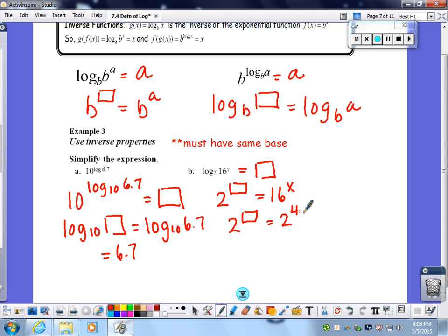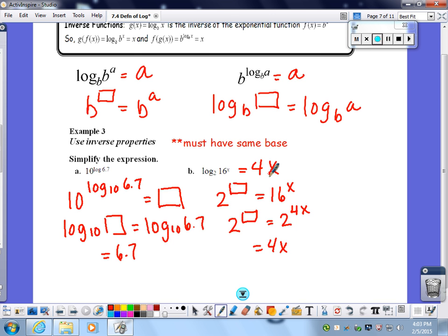Well, 2 to the 4th power, and I already have that x. So this expression simplifies to 4x. So my answer here is 4x. And we'll practice some. Like I said, when you get really good at changing the forms, that's what makes this so much easier. Being able to change easily back between exponential and logarithmic forms.